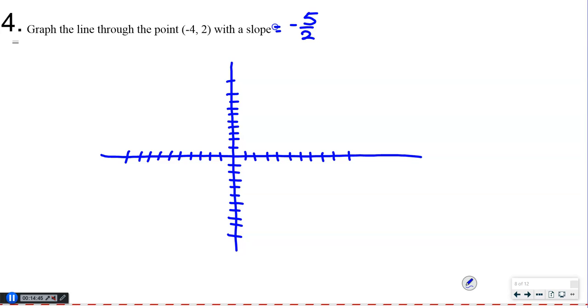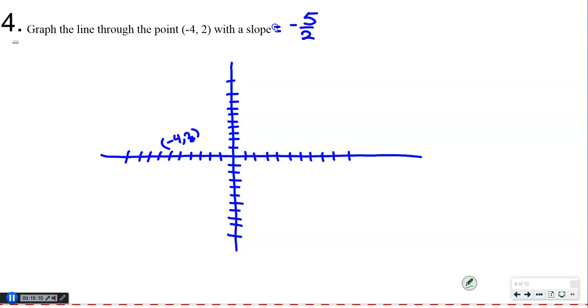So this is my graph. We have a point at negative 4, 2. So 1, 2, 3, 4, up 2. There's my point at negative 4, 2. And we need a line that goes through that point with a slope of negative 5 over 2.